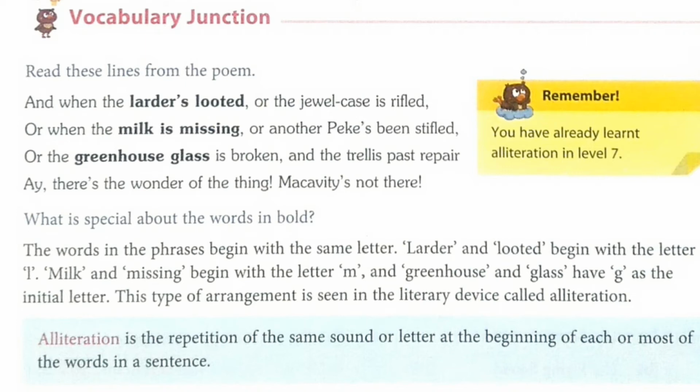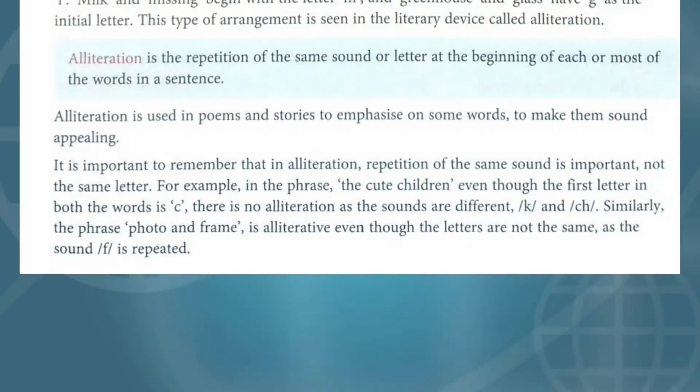Okay, now let's move to the next one. Alliteration is used in poems and stories to emphasize some words to make them sound appealing, in order to get rhyming words, the good sounds. Here you have to remember one thing, it is very important while you are finding alliteration.